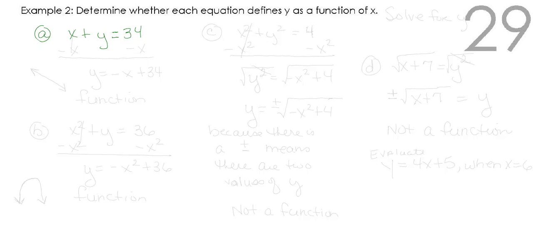Okay? So to determine whether the equation x plus y is equal to 34 defines y as a function of x, what we're going to have to do here is solve for y. So to solve for y, we're going to subtract x from both sides, and we have y is equal to negative x plus 34.